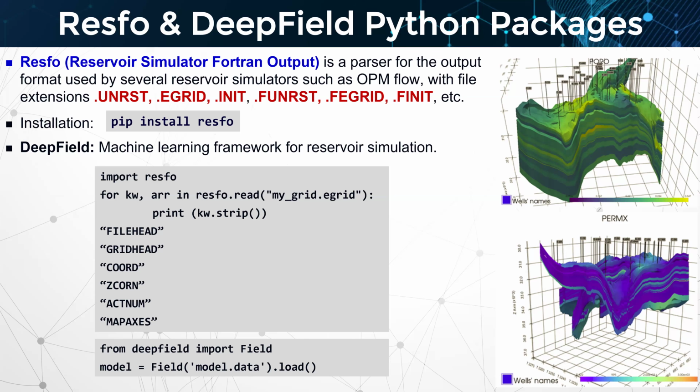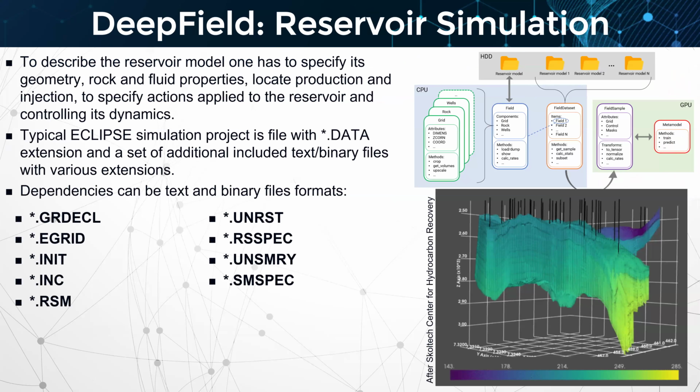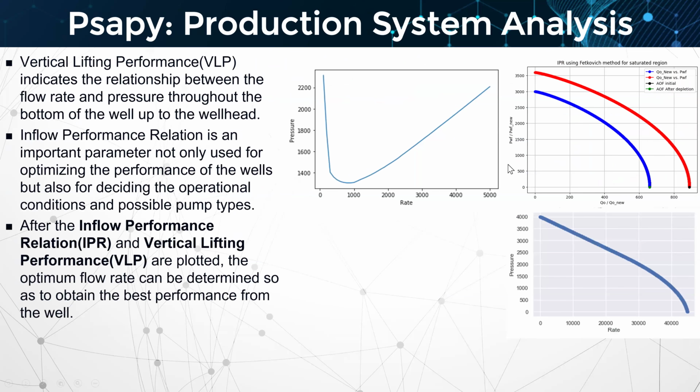REST4 and DeepField packages for reservoir simulation, as you can see, can be run in parallel with other soft reservoir simulators. This one is also for reservoir simulation. This one is for production system analysis and generating the well models, IPR and vertical lift performance models.